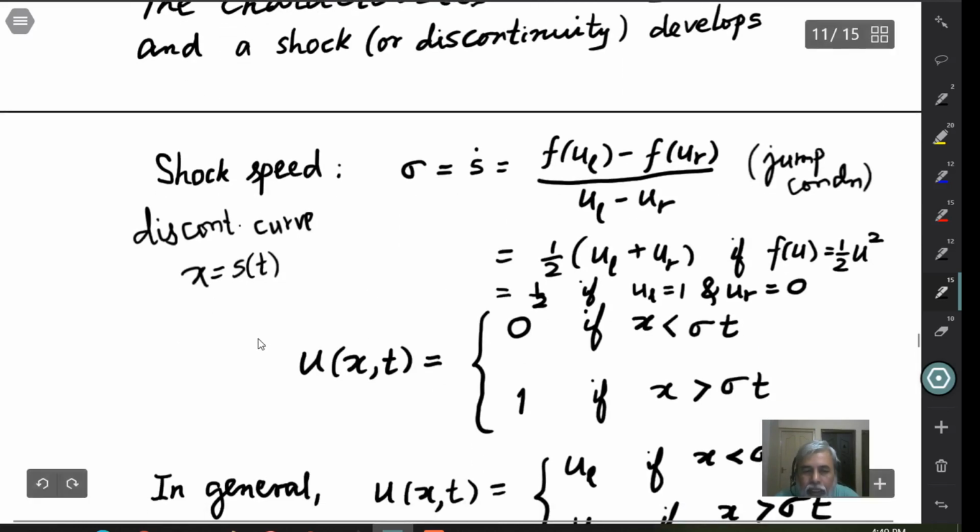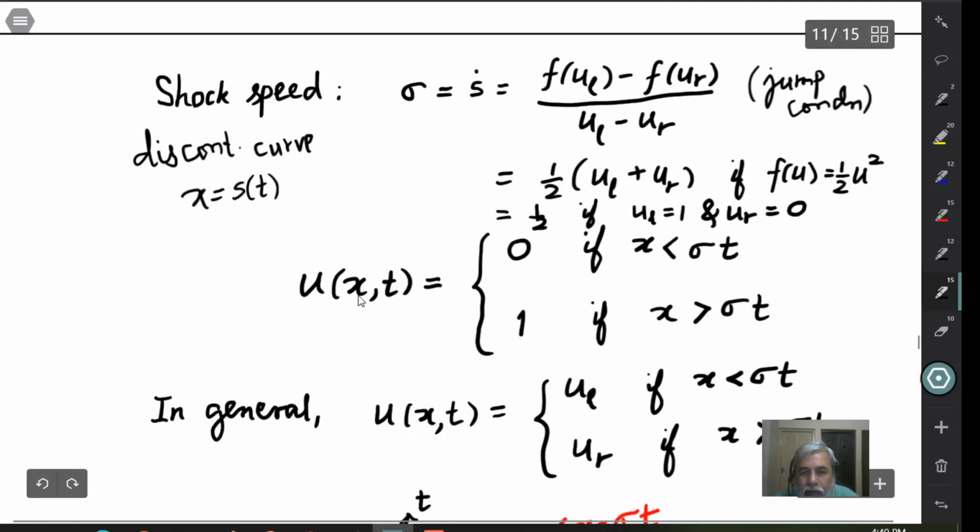Okay. So in this case, the solution is given by u of x, t equal to 0 if x is less than sigma t, and 1 if x is bigger than sigma t, and sigma is the shock speed.